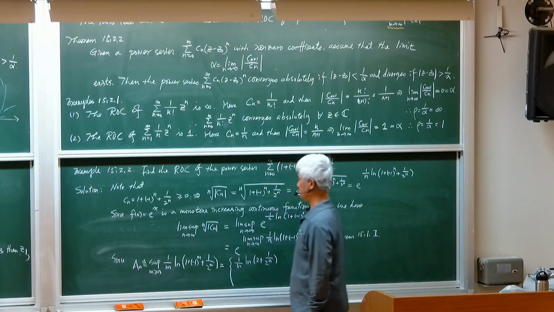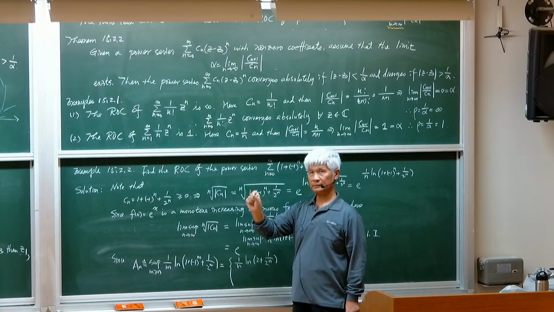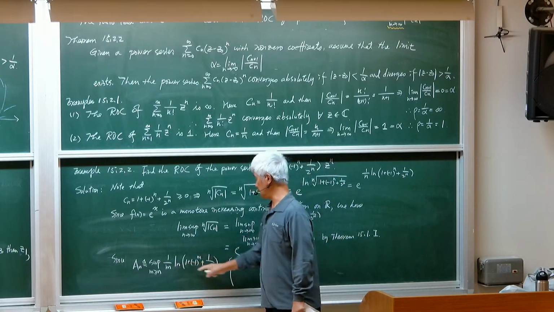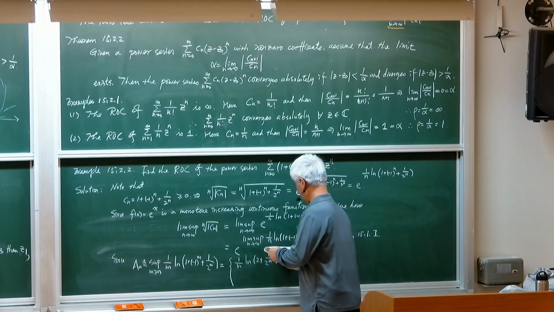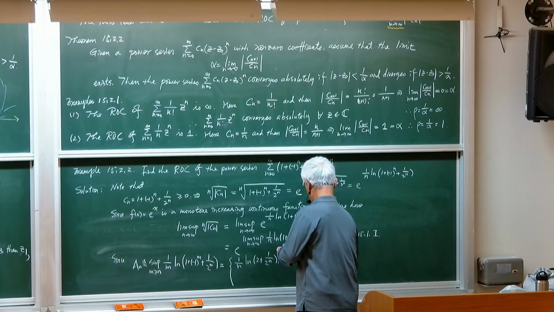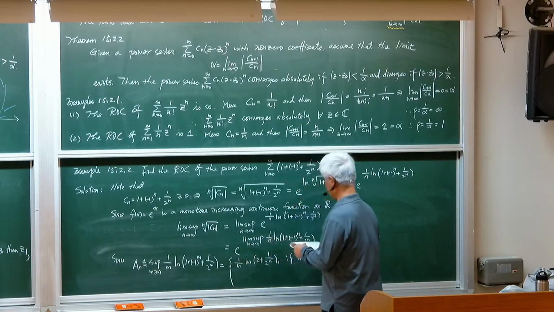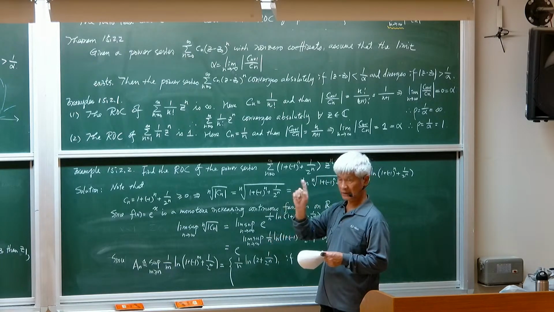So the leading term will be the biggest term, and this upper bound will be the leading term if n is even. But if n is odd, then the next term will be the biggest term.